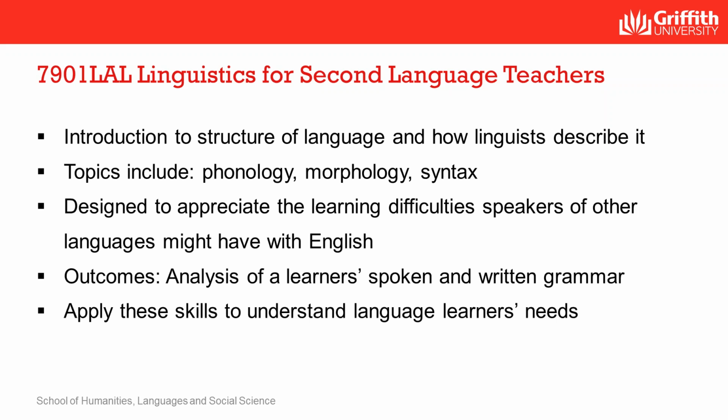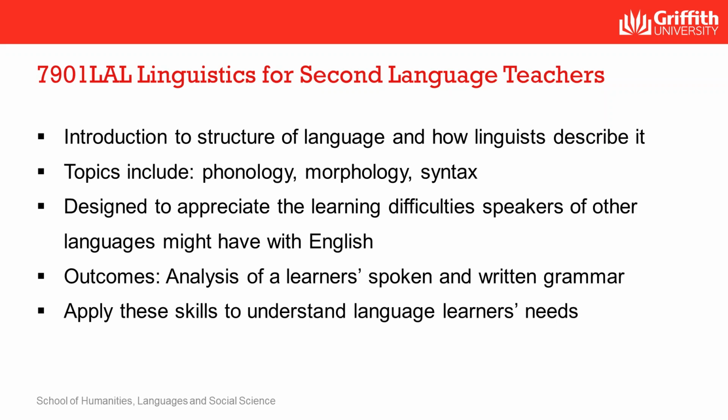The topics include phonology, morphology, syntax, and grammatical features of the English language. This course is designed to help students appreciate the learning difficulties speakers of other languages might have with English. For example, in this course, you will understand why I might say "thank you very much" or "I want you help me" in the way I said it.